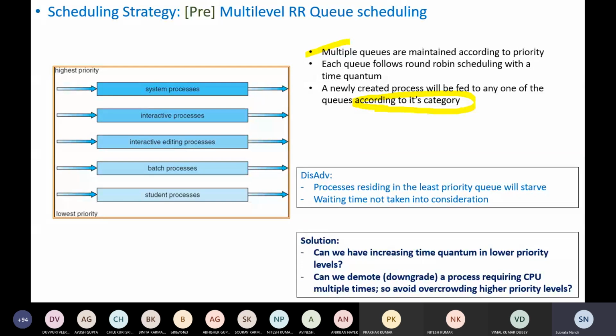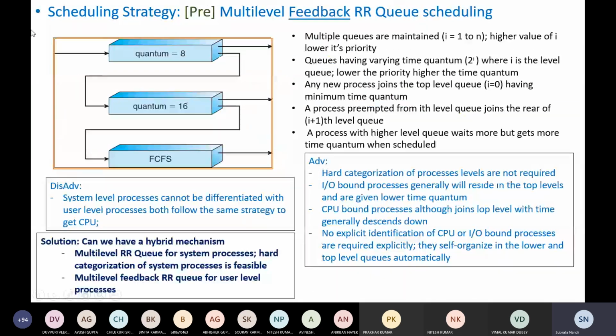So instead of hard coded levels, the processes are not categorized into hard defined categories. Rather, any process, if it joins, it will join the top level queue. And if it is preempted from this, that means it requires some more time, so you should go to the next lower level priority queue.